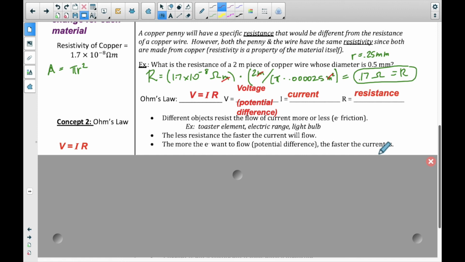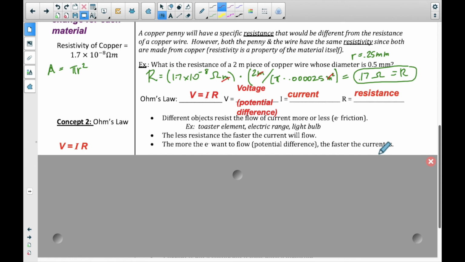Now, you might think, well, wouldn't you always want a lot of current? No. If you have too much current, you can blow things out. You can actually start fires if there's too much current in there. So you want to have some resistance to limit that current so that not too much is coming out. Again, kind of like the fire hydrant analogy. You don't want too much coming out. Too much sometimes is a bad thing.